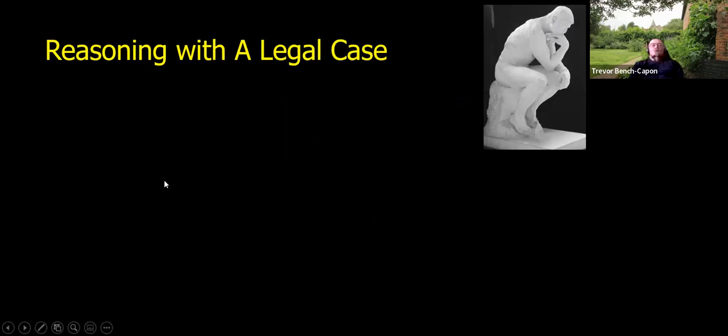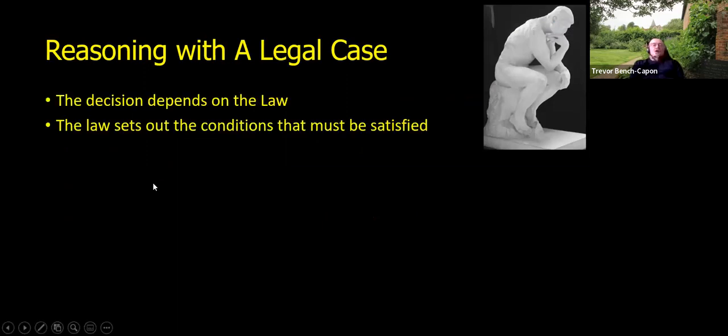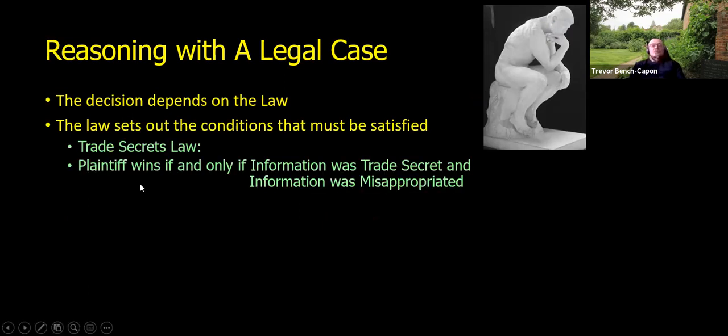So what happens when we reason with a legal case? The decision itself depends on the law, and the law sets out the conditions that must be satisfied. So in the well-known domain of trade secrets law, the plaintiff wins if and only if the information was a trade secret and it was misappropriated.